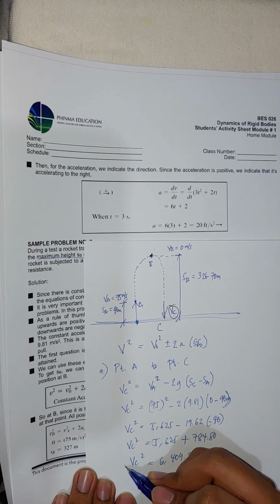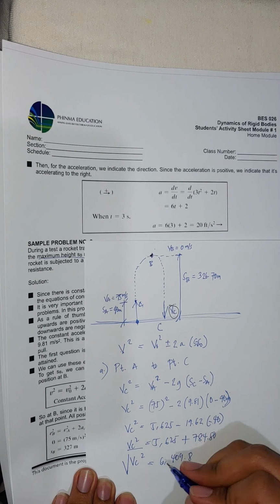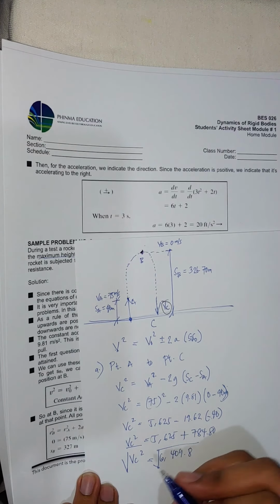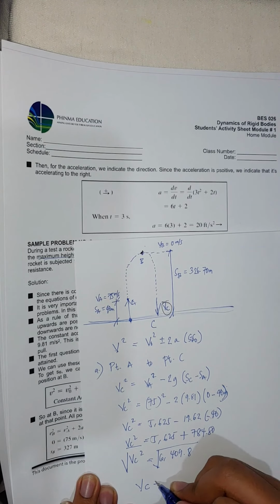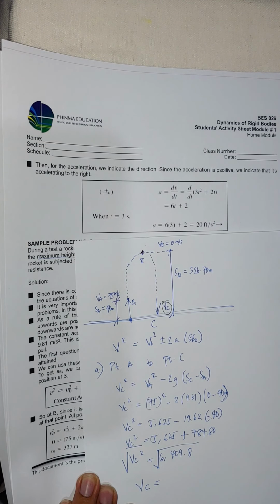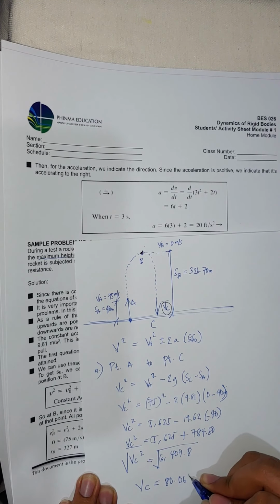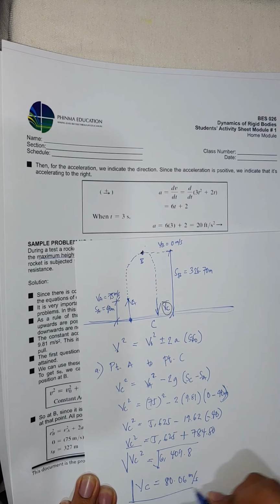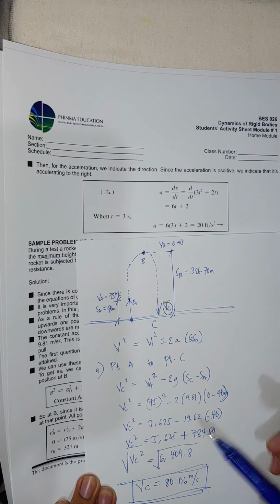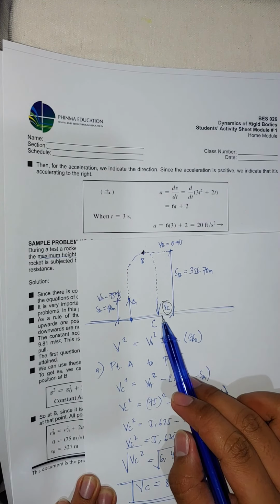To get the final velocity just before the ground, VC, we extract the square root. So our velocity at C just before it hits the ground is equal to 80.06 meters per second. So this is from point A to point C.